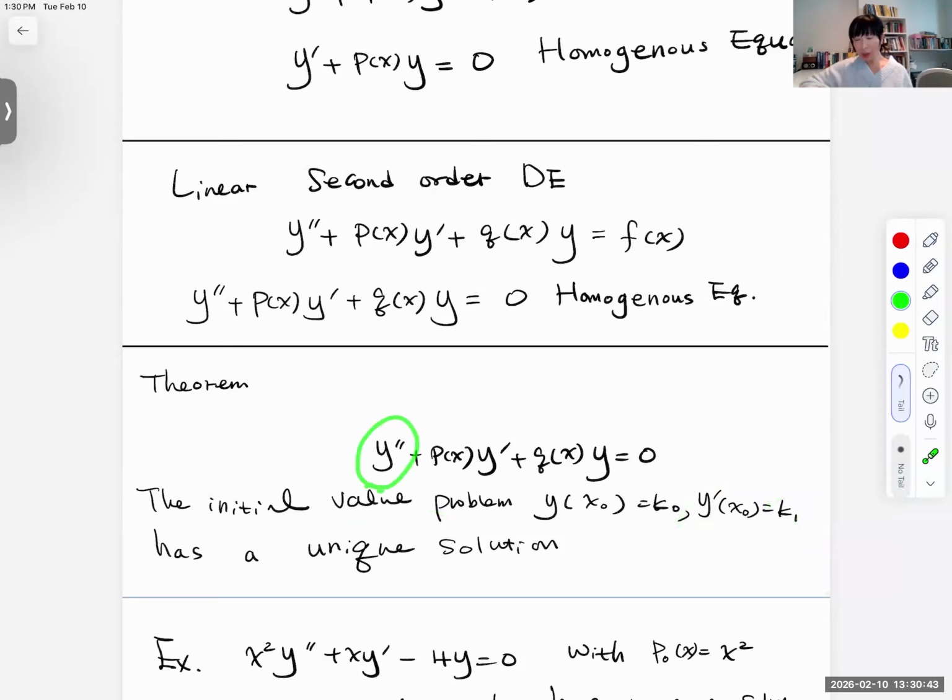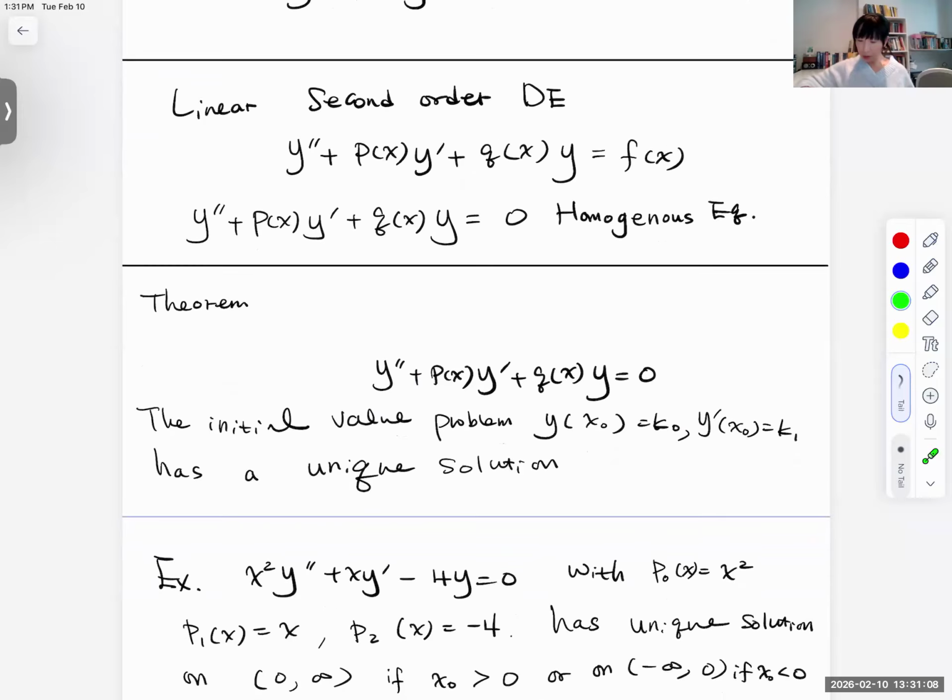Because this one is linear second order, that's why we need another initial value in order to solve the problem, okay? And then they said it has a unique solution. There is only one solution, right? Unique solution means just that.